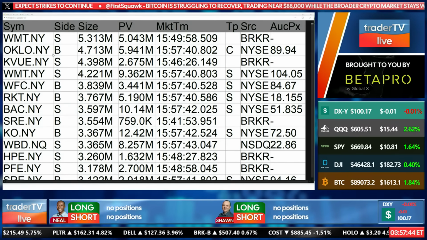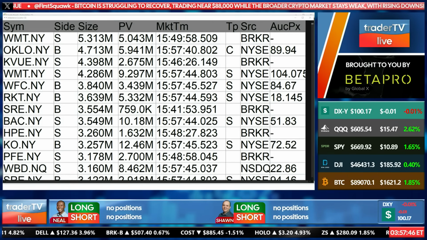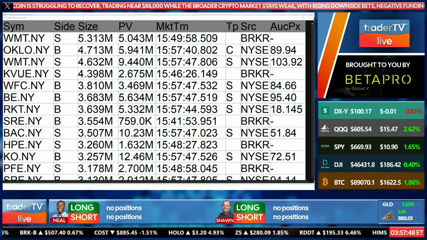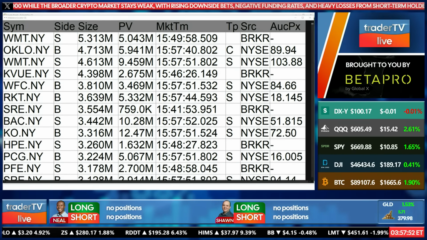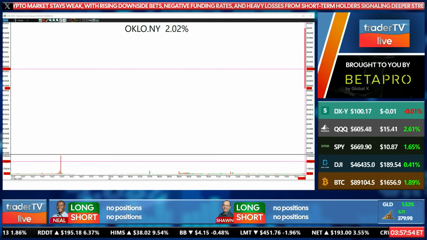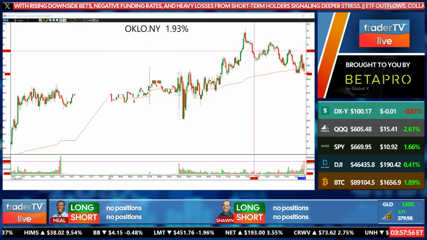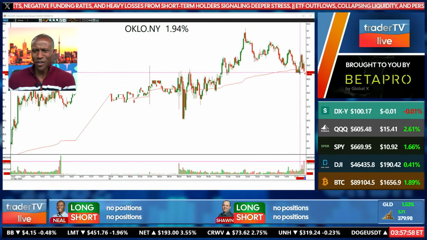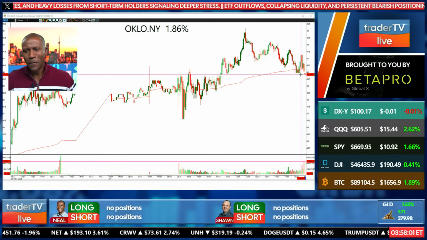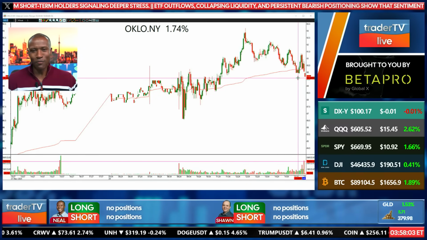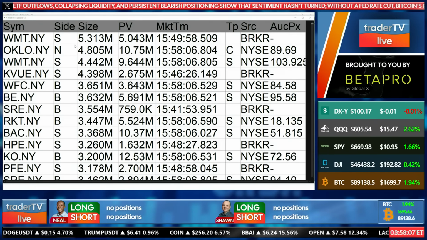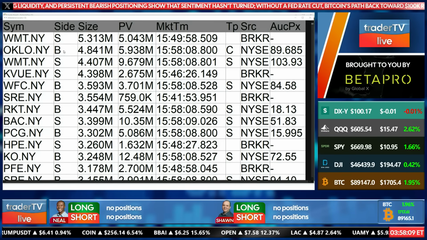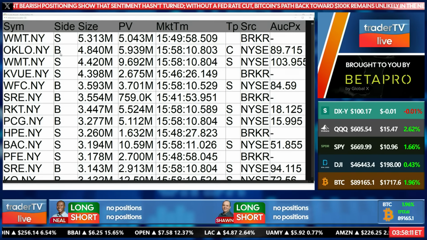The only name that's still big is OKLO. With 2 minutes to go, OKLO is still 4.7 million to the buy side. Rather large. And it's actually breaking lower. That's a little weird. It's looking weak and actually breaking down, despite the fact that it goes from the buy to neutral, but then you just flash back to buy.